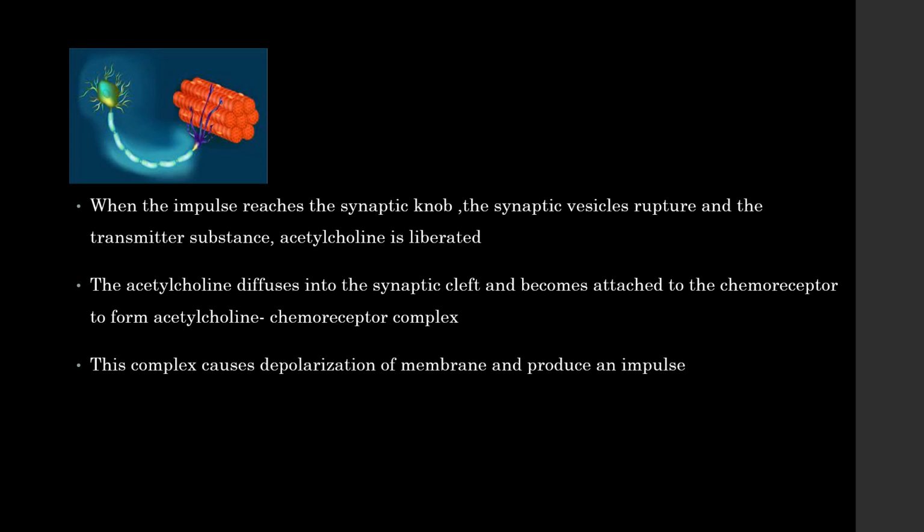During synaptic transmission, when the impulse reaches the presynaptic neuron, there will be rupturing of vesicles. Once the vesicles rupture, there will be release of acetylcholine from the vesicles. This acetylcholine moves towards the postsynaptic neuron and binds to the receptor present in the postsynaptic neuron to form the acetylcholine chemoreceptor complex.